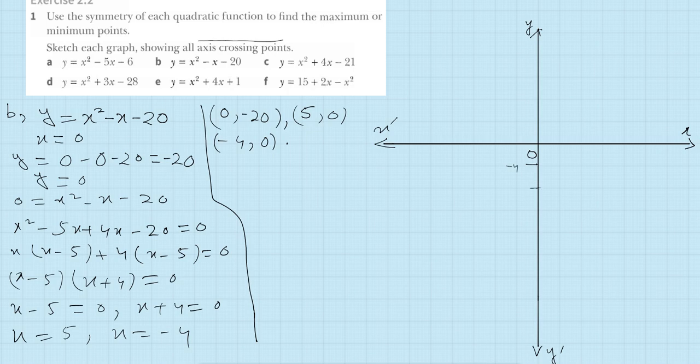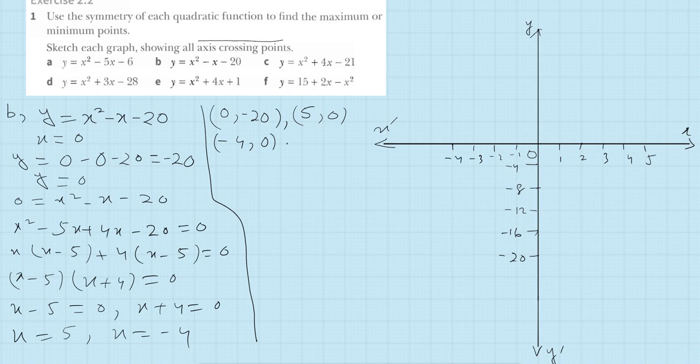So minus 4, minus 8, minus 12, minus 16, and minus 20. And on the x-axis, I am taking 1 square as 1. So 1, 2, 3, 4, 5. Minus 1, minus 2, minus 3, minus 4.